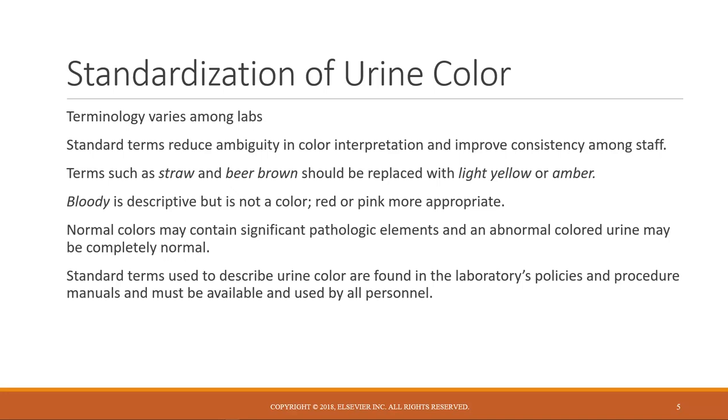Normal colors may contain significant pathologic elements, and an abnormal colored urine may be completely normal. So you cannot just assume based on a urine's color that this is a clinically significant finding until you do additional testing. Standard terms used to describe urine color are found in the laboratory's policies and procedure manuals and must be available and used by all personnel.